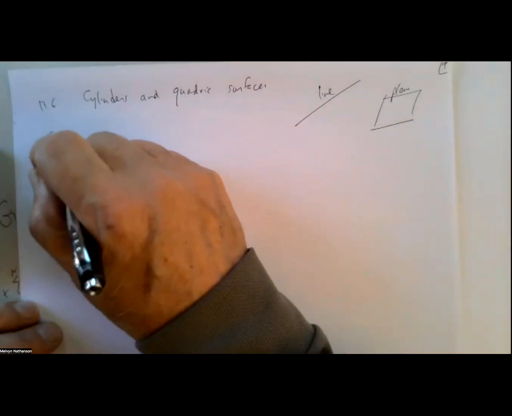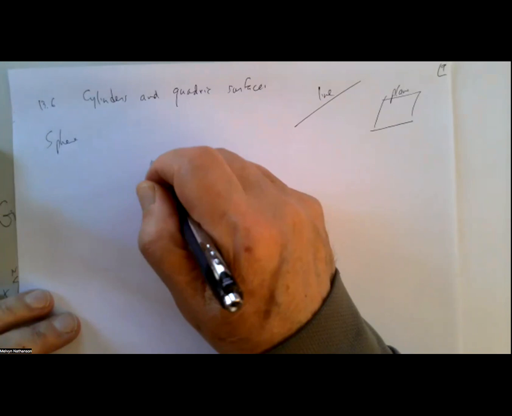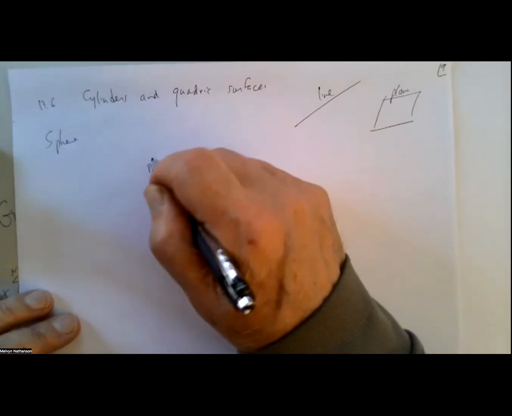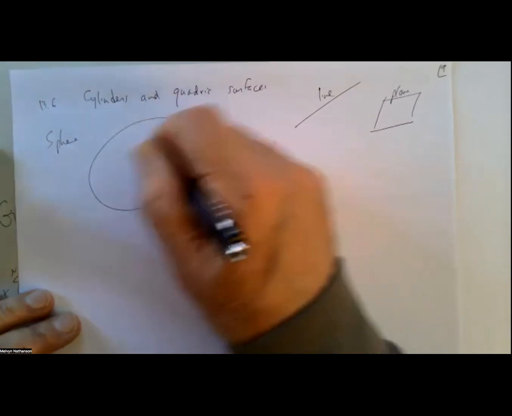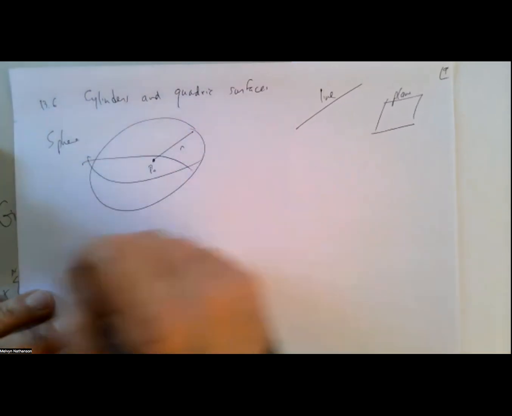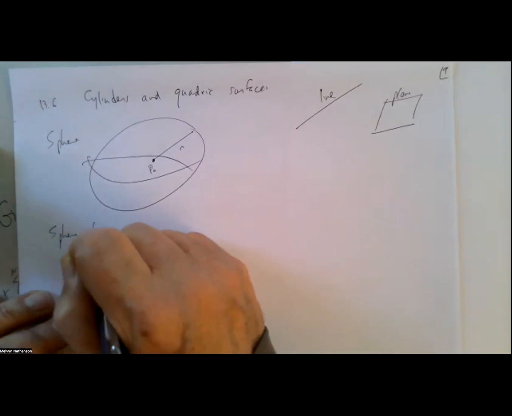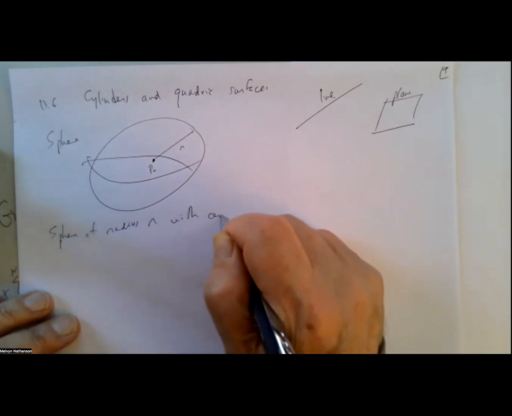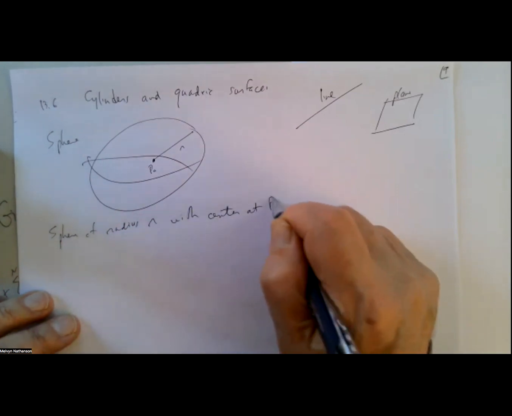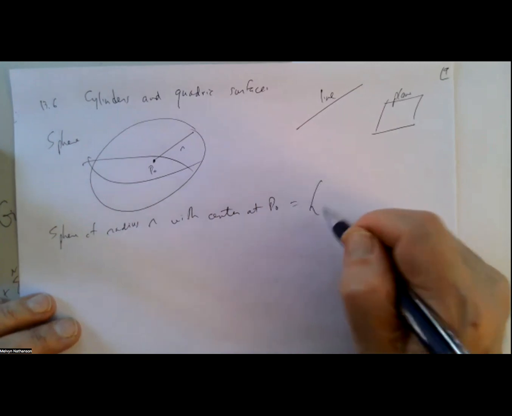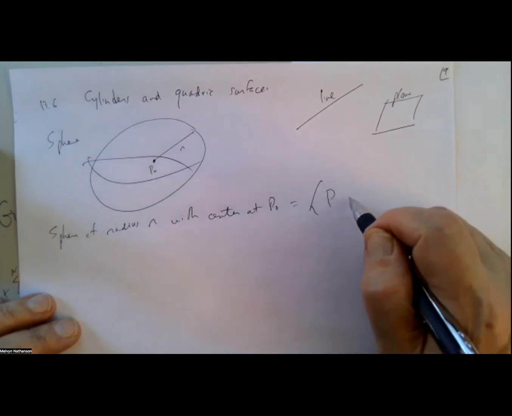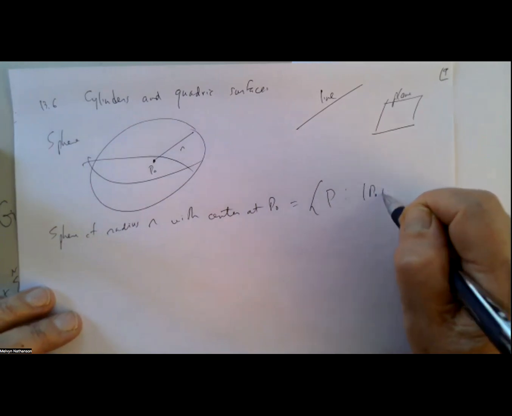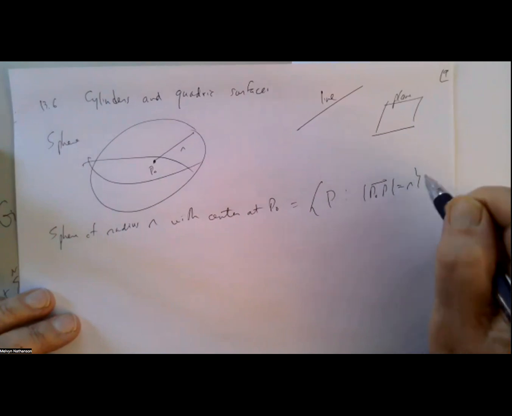For example, there is the sphere. If you take a point P naught in space and a certain distance r, you have the sphere of radius r with center at P naught, which is just the set of all points P such that the length of the vector from P naught to P is equal to r.